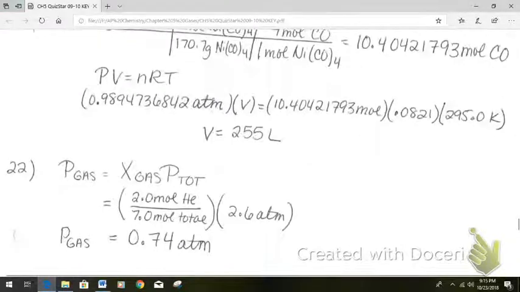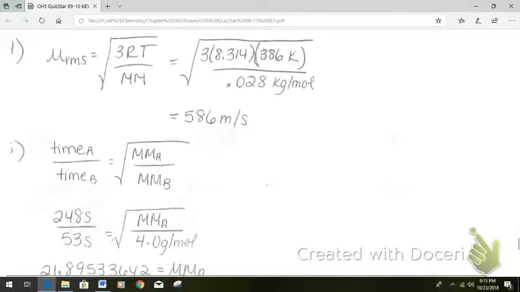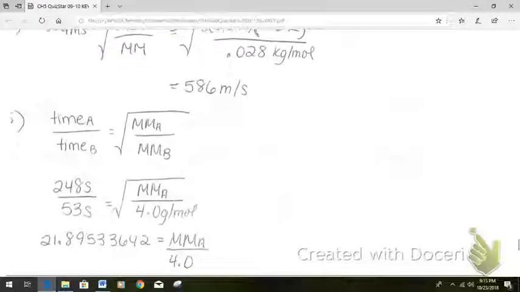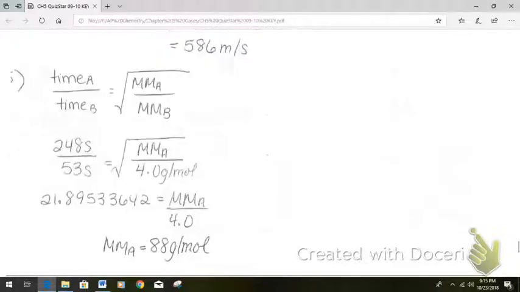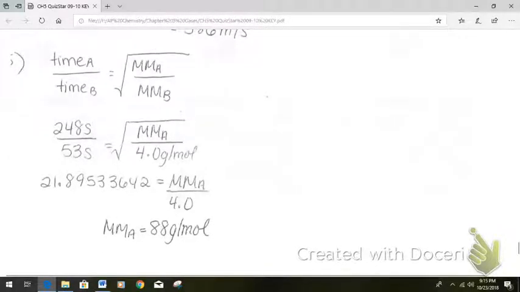If you look at number 25, because it's time, you put time A over time B, and when you do that, you put the molar mass of A on the top because you had put time A on the top. And remember, it says that the helium got out in 53 seconds, but the unknown gas got out in 248 seconds.